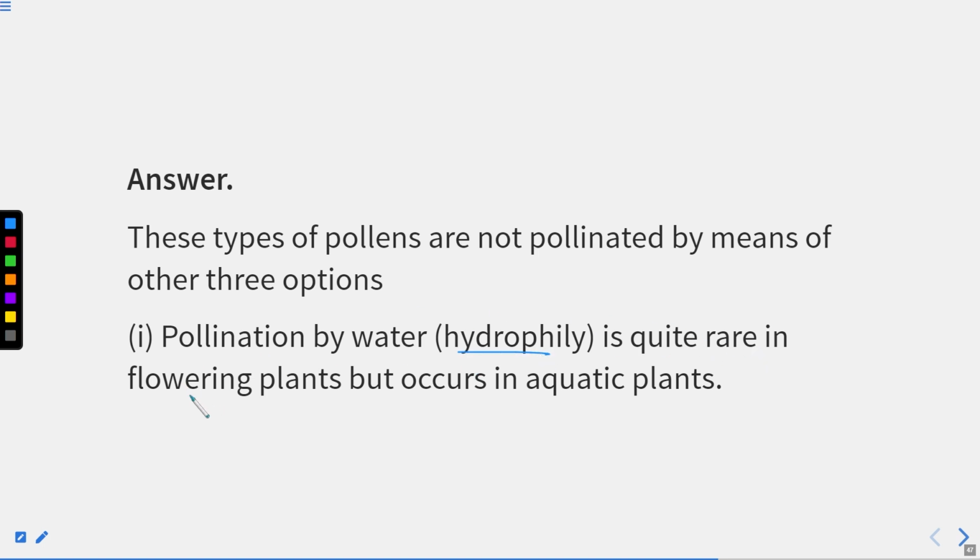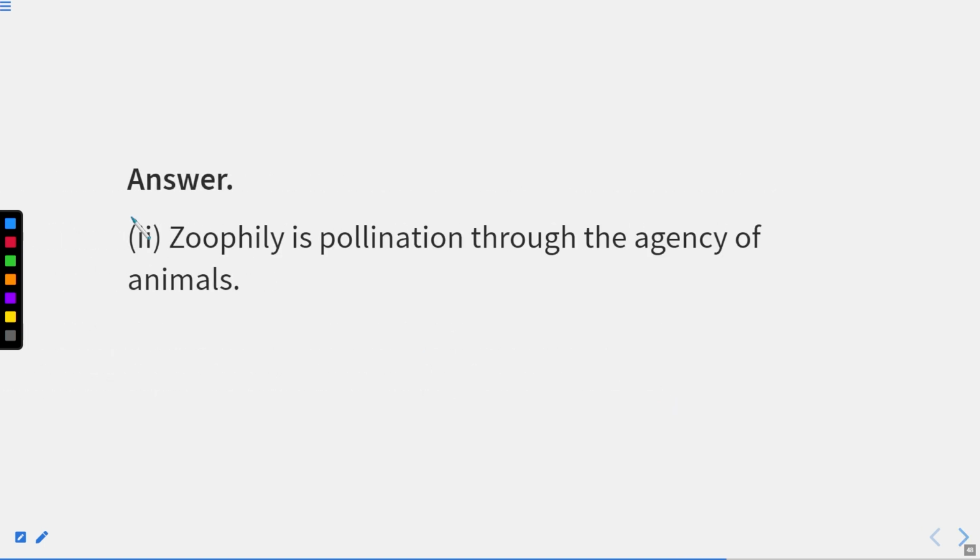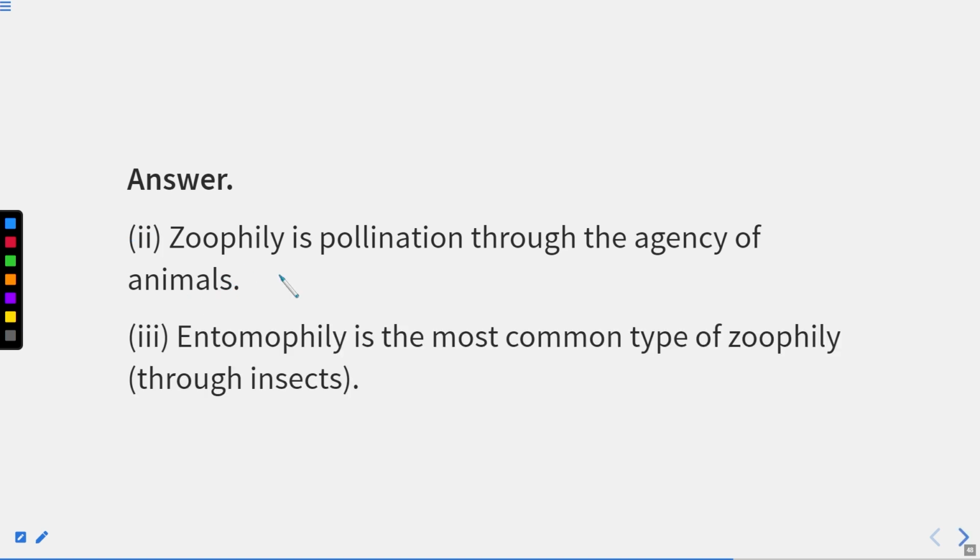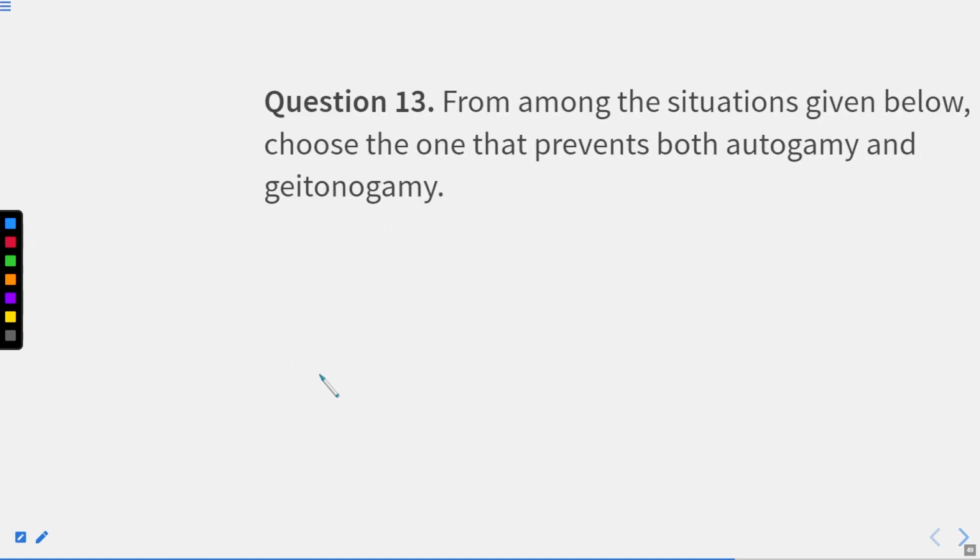It's quite rare in flowering plants but occurs in aquatic plants. Next is zoophily. What is zoophily? Zoophily is pollination through the agency of animals. Animals are involved here for the pollination and this process is known as zoophily. Next is entomophily. This is the most common type of zoophily, and happens through insects. Entomo is the term related to insects.